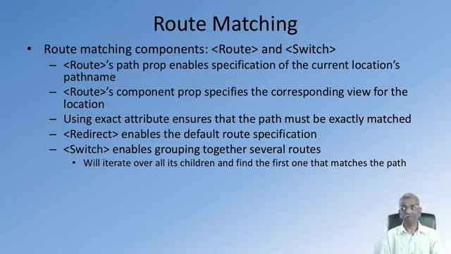Now, if you have a bunch of route components that you specify, you group them together using a switch component. And so this way, whenever the URLs are navigated to, this will iterate over all the children to find that particular route that matches the URL and then appropriately navigates to that view. Again, in the exercise, it will become even more clearer how this is useful.